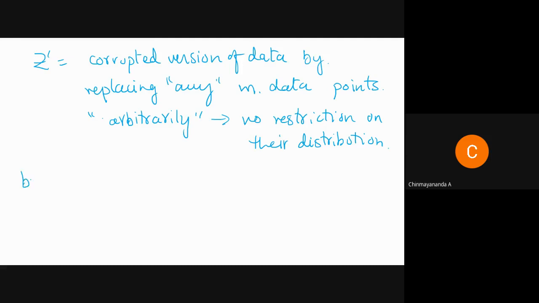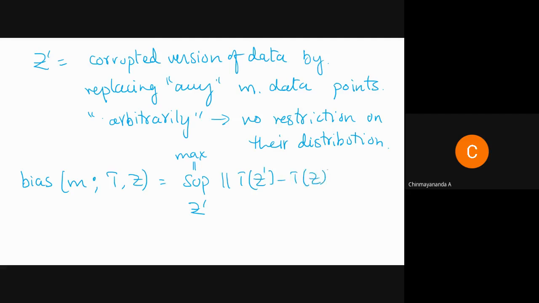So now let us look into this bias term, which is a function of m, T and Z, given by the sup, which is nothing but something like a max. So sup is some sort of distance measure between these two estimators.